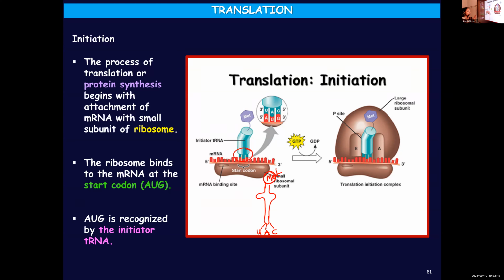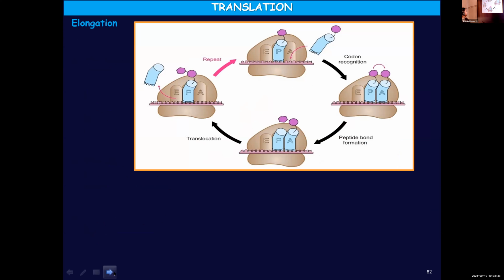Once again, the messenger RNA which has to get translated will get associated with the small subunit of the ribosome, attaching at the start codon. Now the transfer RNA having the anticodon UAC will recognize this AUG and bind there. Here you can see it is having methionine. First I'll explain with the help of this figure.